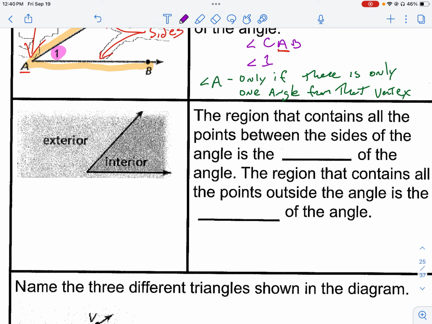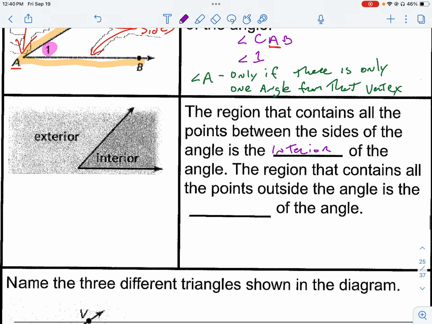There are also regions involved with angles. The region that contains points between the sides of the angle is the interior of the angle, and the region that contains all the points outside the angle is the exterior. So everything in here, out forever, is the interior of the angle.